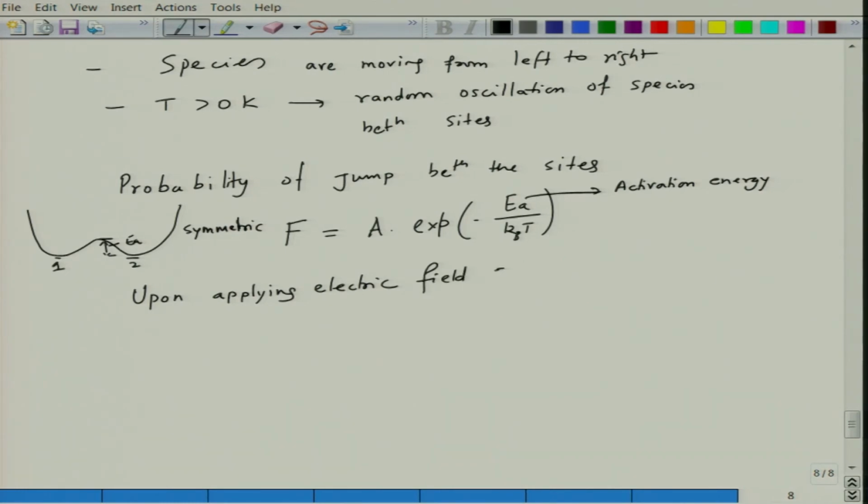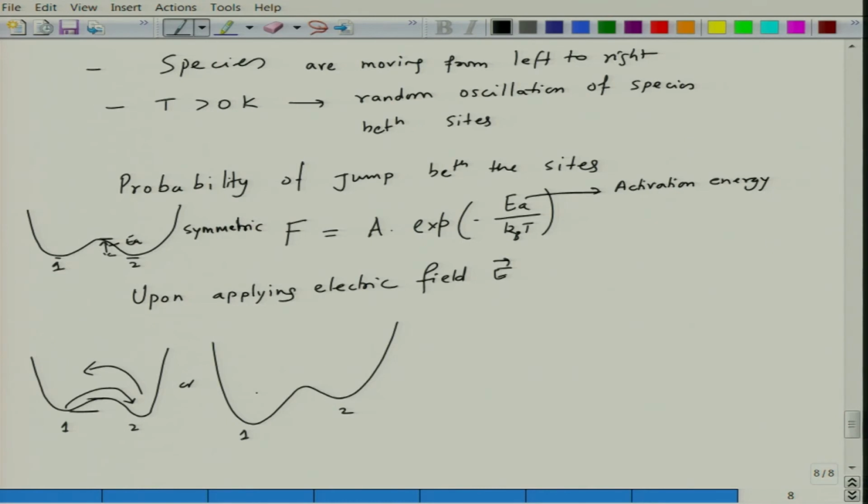Now, when you apply an electric field, the electric field will be in a certain direction. As a result, the wells will tilt. So, you might have a situation like this, or you might have a situation like this. So, you can see that there is an asymmetry in the energy barrier. When you look at situations like this, for atoms to hop from this side to this side, the energy barrier is lower, whereas from 2 to 1 the energy barrier is larger.